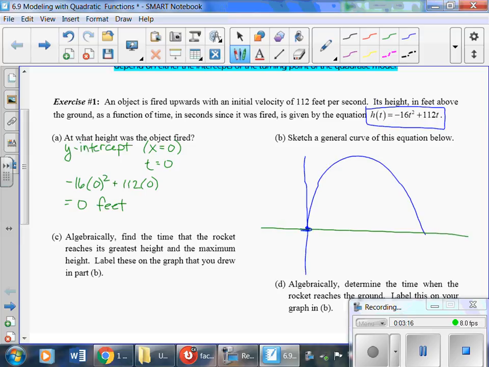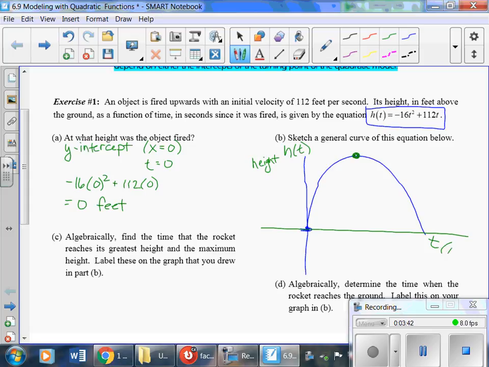So C says, algebraically, find the time that the rocket reaches its greatest height and the maximum height. So again, what are they asking for? I'm going to remind you, this is our t, and this is our h of t. H of t represents our height, and if you need to write all over your paper, do that.